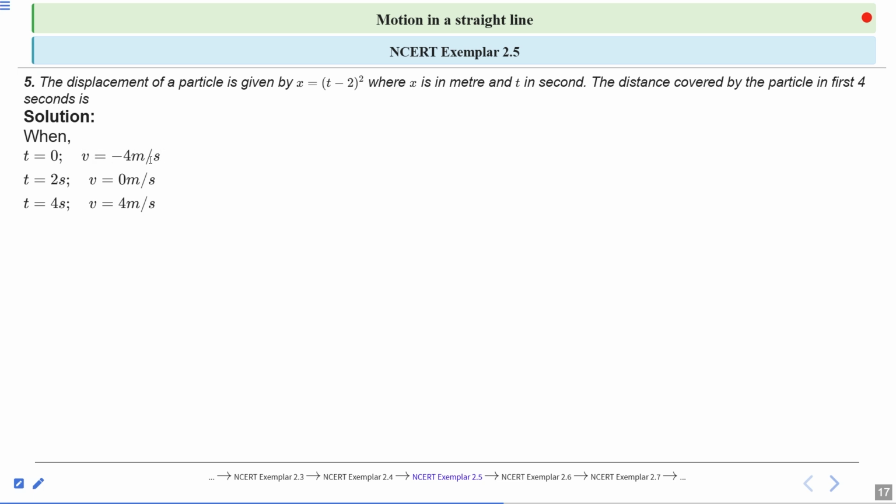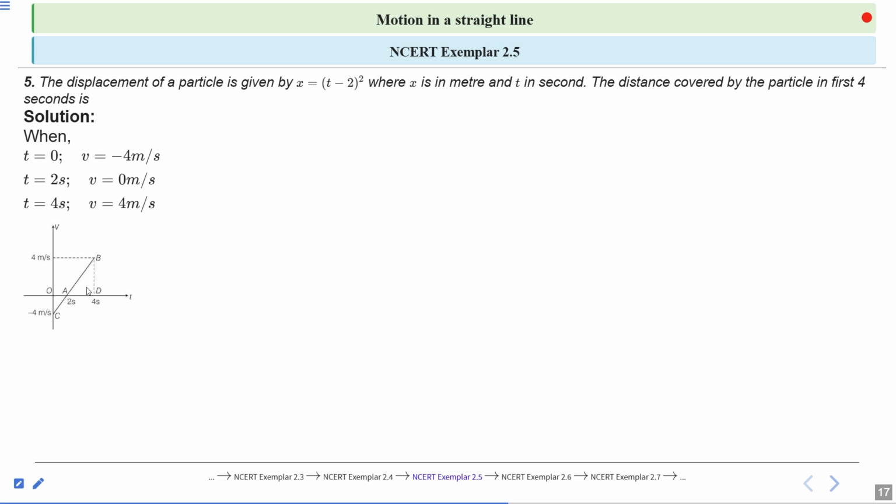At t = 2 seconds, velocity is 0 meter per second. And at t = 4 seconds, velocity is 4 meter per second.